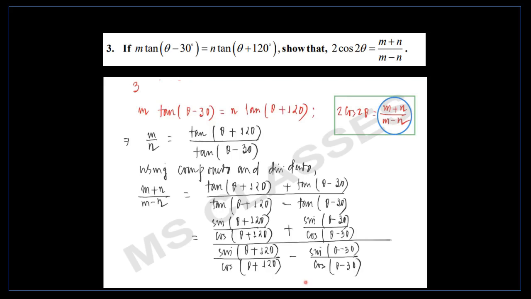Now after that we'll simply take LCM. If we take LCM here, this into this plus this into this, all of you know how to take LCM, children. So if we take LCM, sin of this one into cos of this plus cos of this one into sin of this one. Here sin of this angle into cos of this minus cos of this into sin of this. So what do we write?